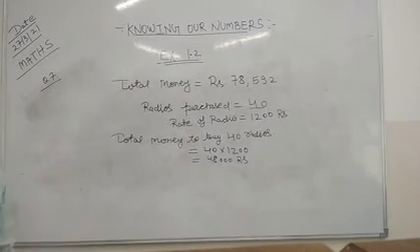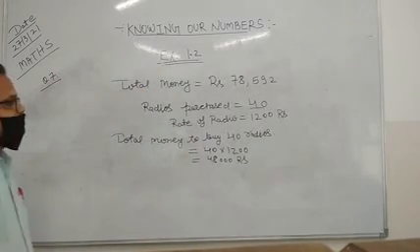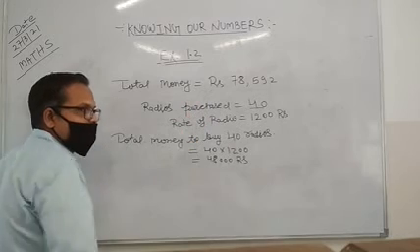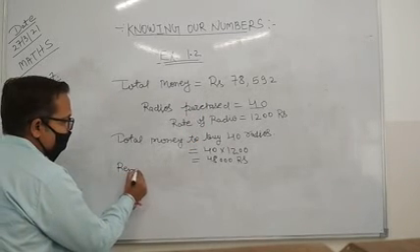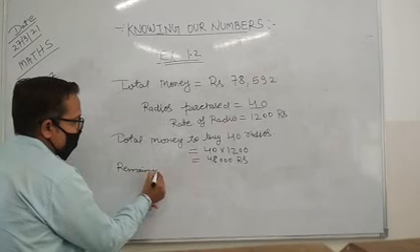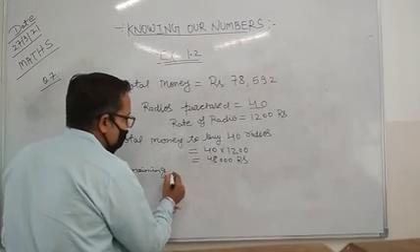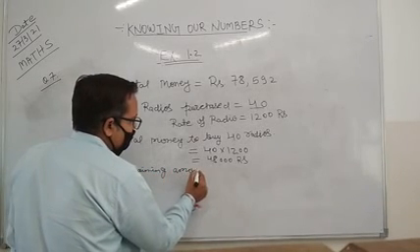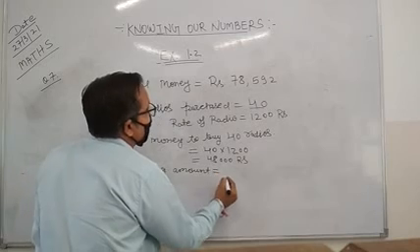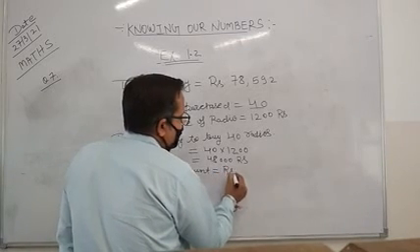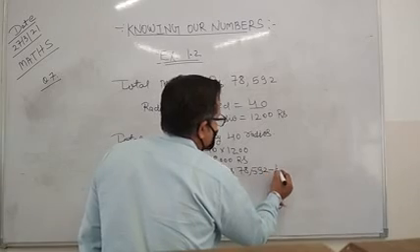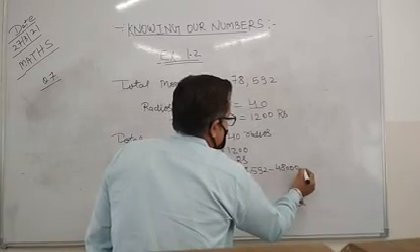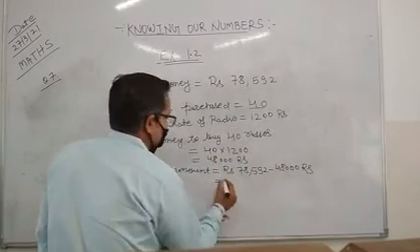It is 48,000. Now total she has got 78,592. So how much will remain? The remaining amount? We will subtract. The remaining amount will be rupees 78,592 minus 48,000 rupees.